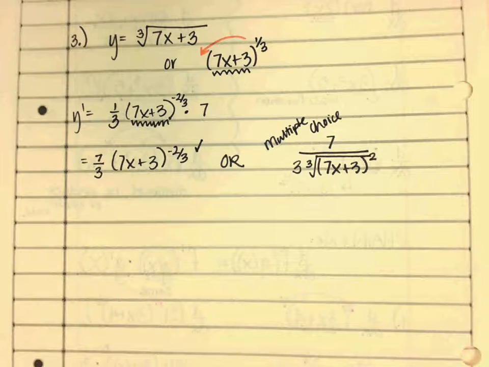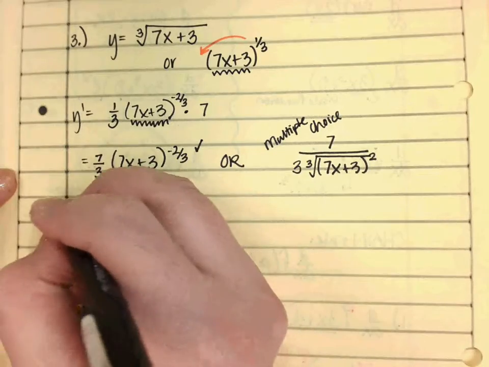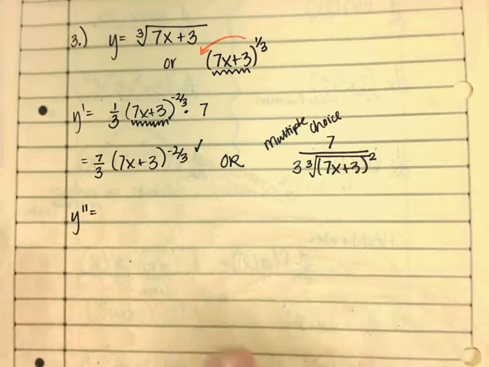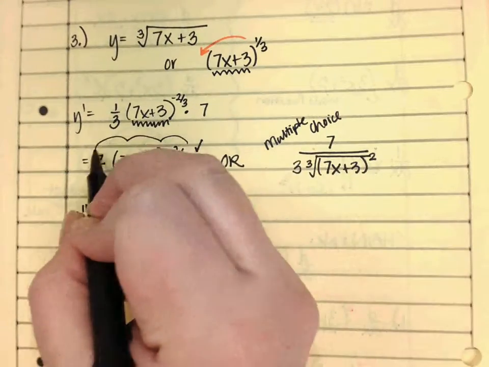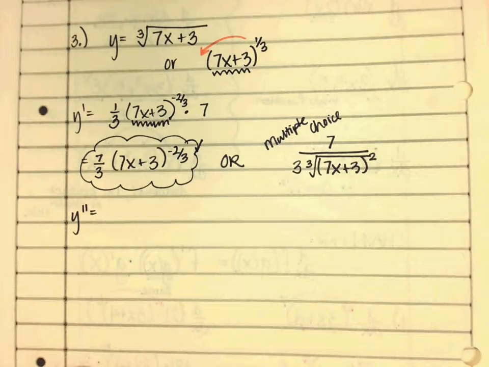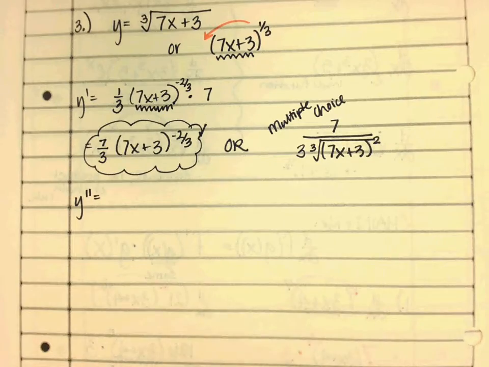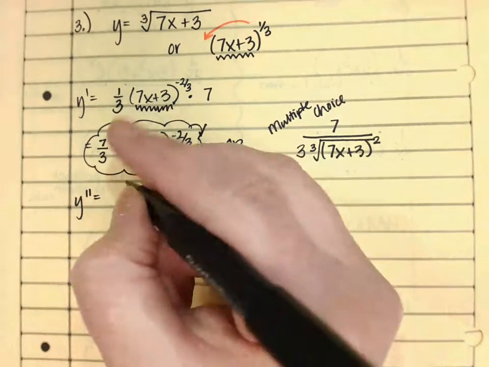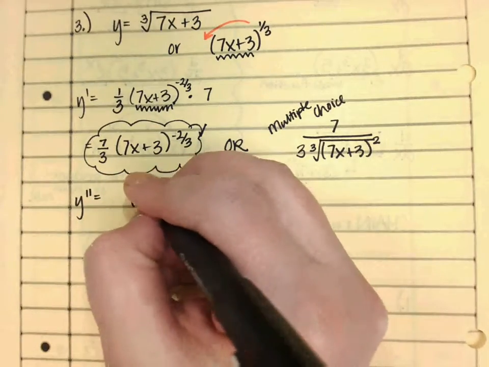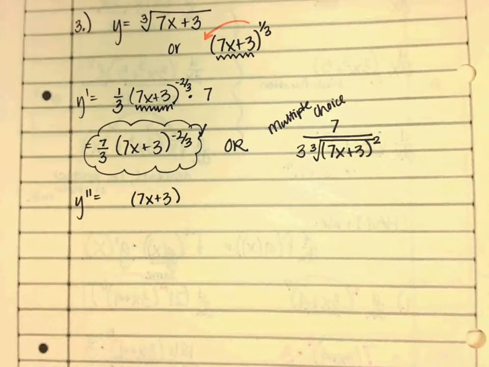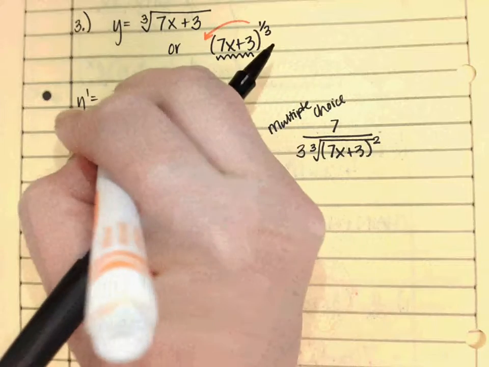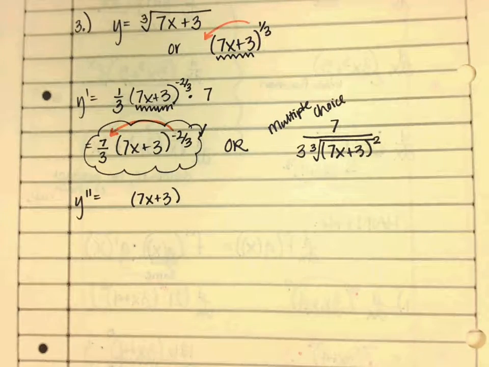Okay? Now we're going to take the second derivative. We've already got that one. Okay, so this is the first derivative. Now we're going to take the second derivative. So what would I do first? My 7x plus 3 stays the same. That's the core of the problem. It does not change. But I'm going to take my negative 2/3. I'm going to multiply it down on the 7/3.